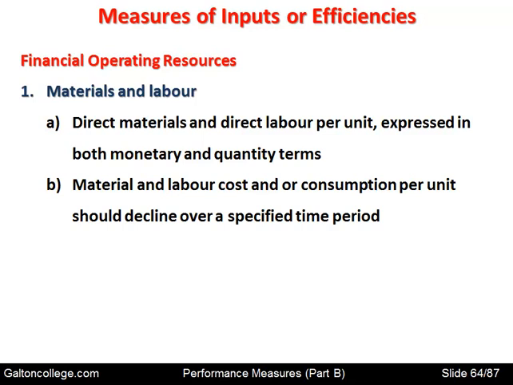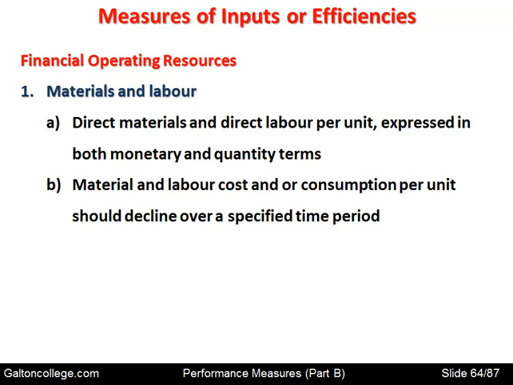Material and labour costs and our consumption per unit should decline over some specified period of time. So ideally, material and labour costs should decline as the company grows. It's able to gain the advantages of economies of size, economies of scale. So it may be able to have better negotiating power with suppliers for materials and get discounts.